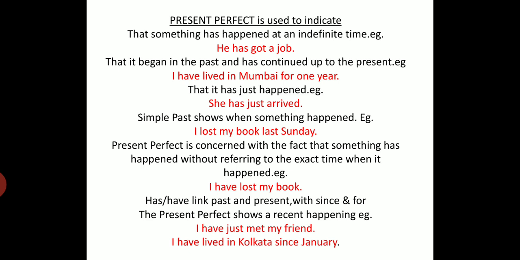Alright? So, you can see how present perfect is used. It is used when we know that something has happened, but not the exact time. For example, I've lived in Kolkata since January. Now we don't know the exact date.